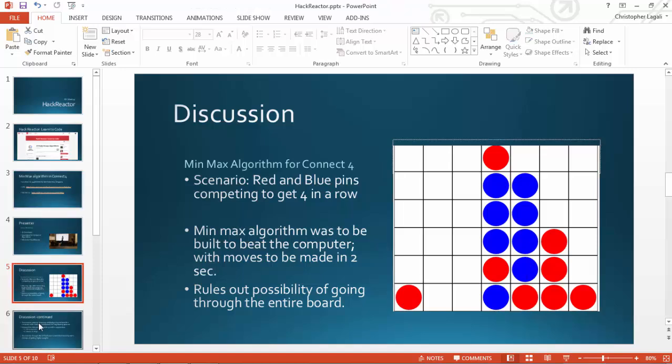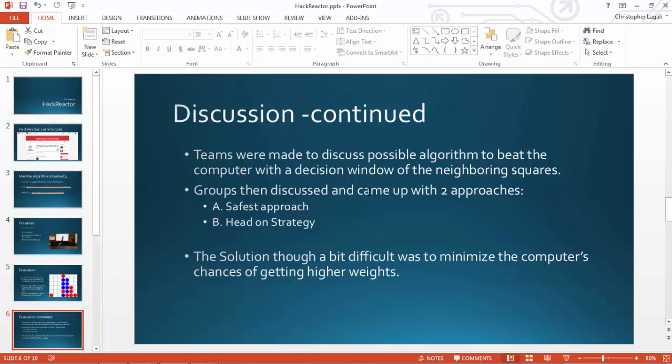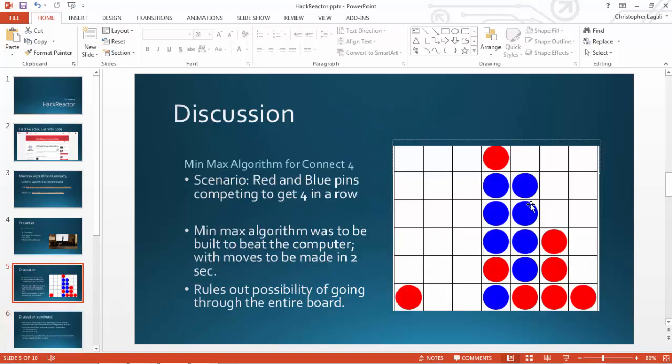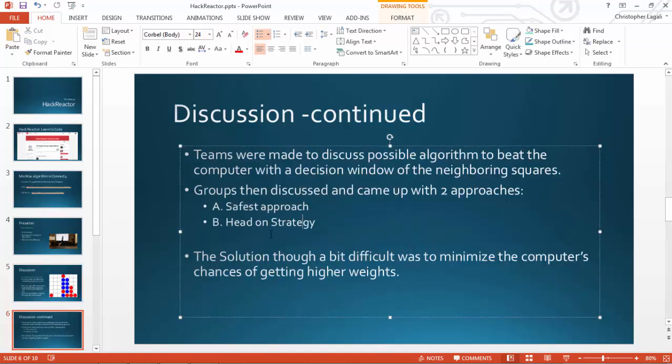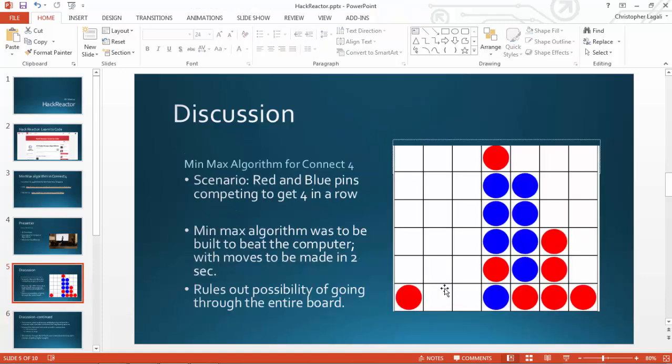The discussion was that we had to do the min-max equalization to beat the computer in weights, and we came up with two approaches. The safest approach would be to place a dot in the leftmost corner, and then have four dots placed here.